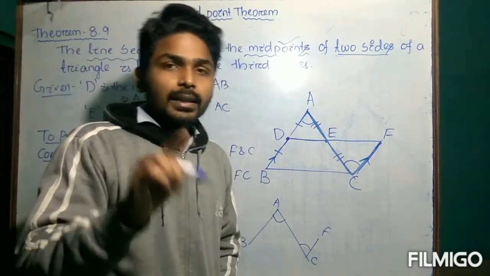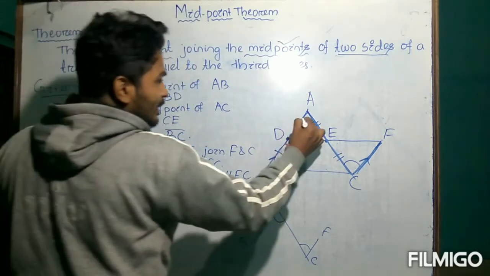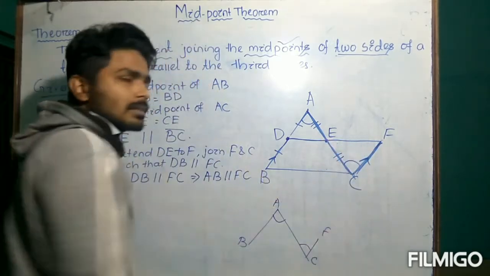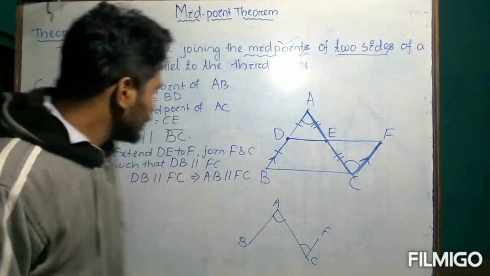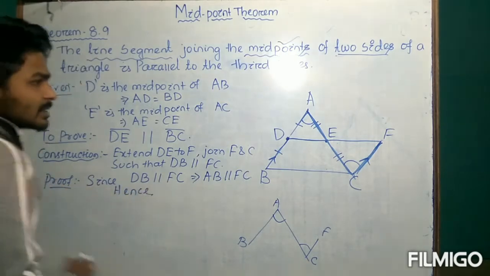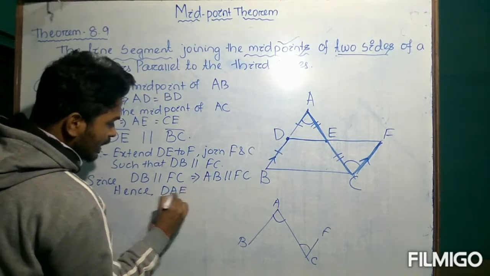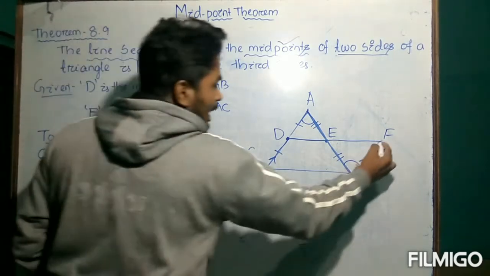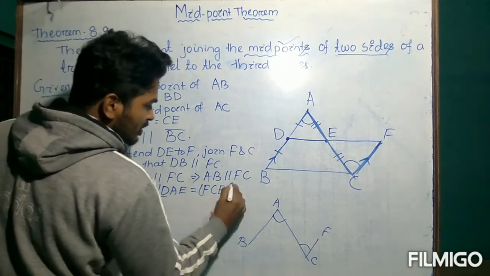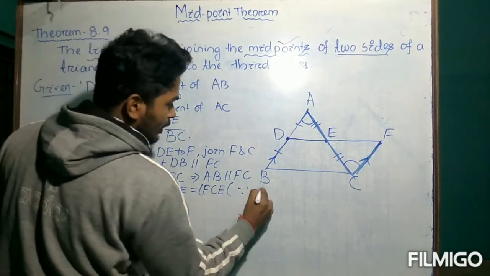They are known as alternate interior angles, and we know alternate interior angles are equal. So we can write angle DAE is equal to angle FCE, simple, because they are alternate interior. Hence angle DAE is equal to angle FCE because they are alternate interior.